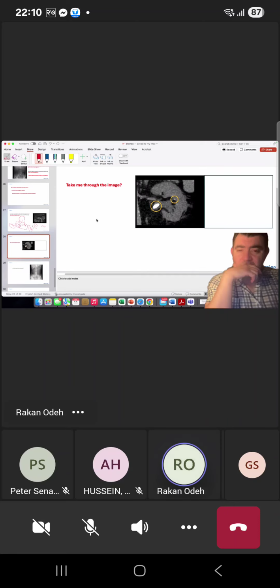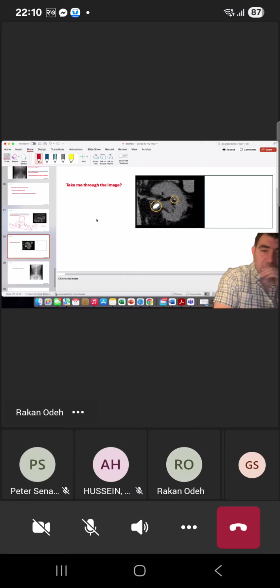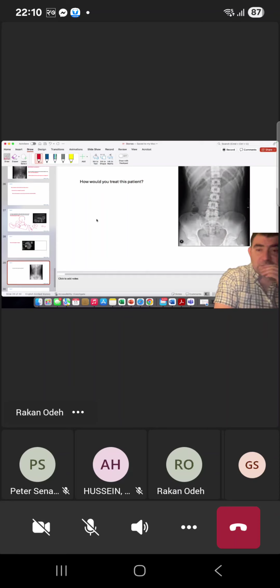Any other images you want to see? Yeah, absolutely. I would like to review the rest of the images and the scout film to check if it is radiopaque or radiolucent. Okay, that's the X-ray KUB. I can't see any radio-opacity here, so if it's the same patient, it will be a radiolucent stone.